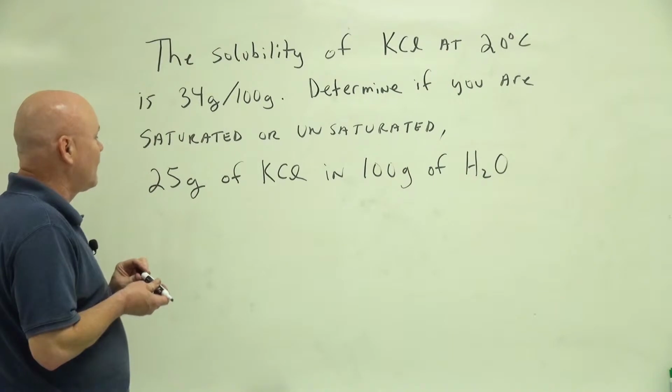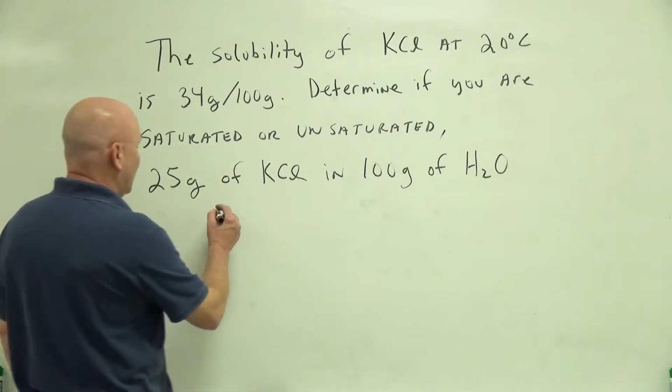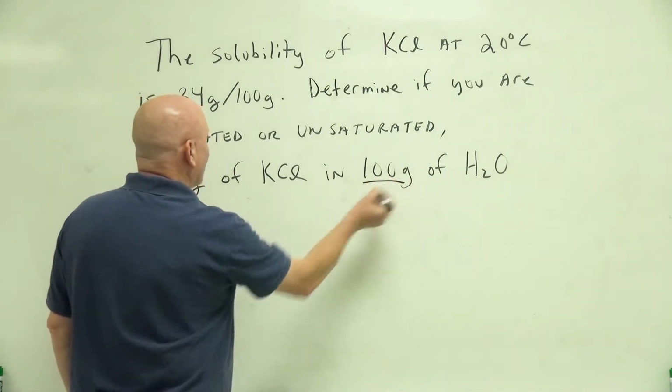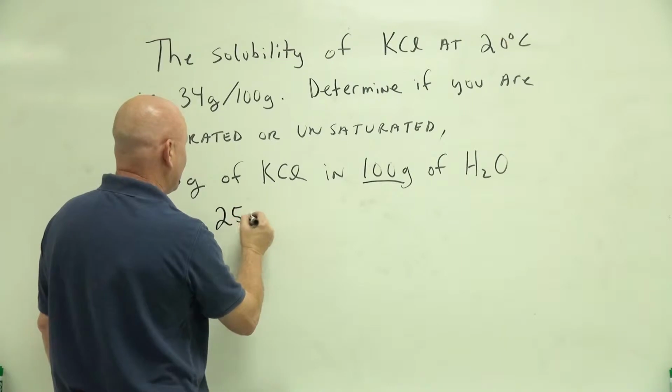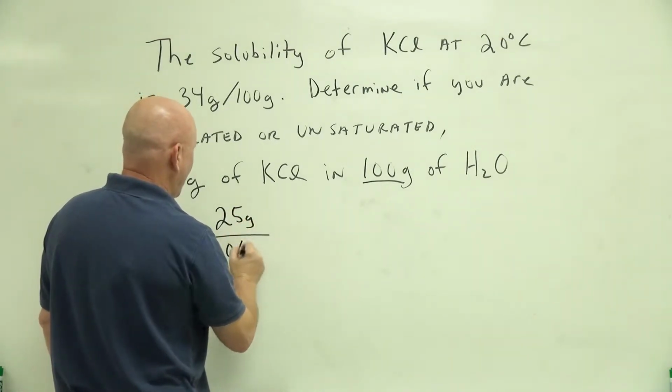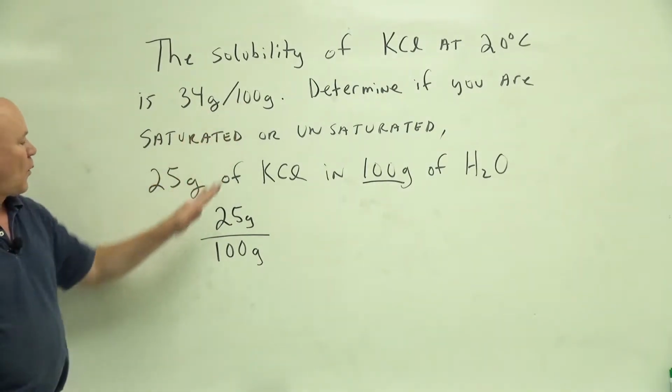So we have 25 grams of KCl in 100 grams of water. Now, fortunately, since we're already at 100 grams and the solubility is per 100 grams, I would say that's 25 grams over 100 grams. Remember, the solubility is per 100 grams.